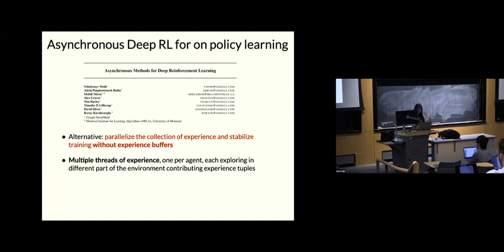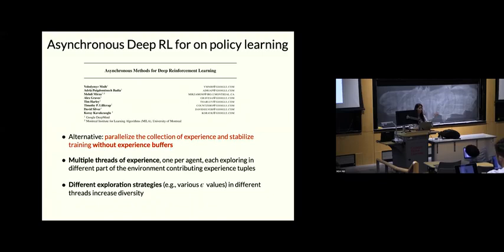I'm going to have multiple threads of experience, one per agent. Each will be exploring different parts of the environment and contributing experience tuples. They can have different exploration strategies, or they can all use this not very intelligent epsilon greedy exploration. And now you can train on-policy using our policy gradient methods, okay?